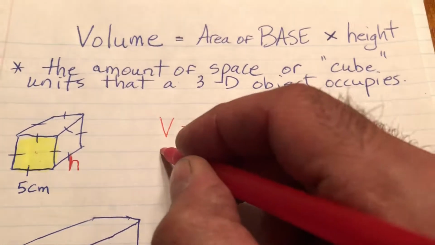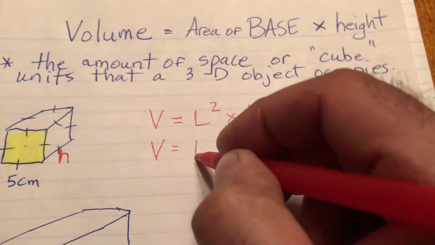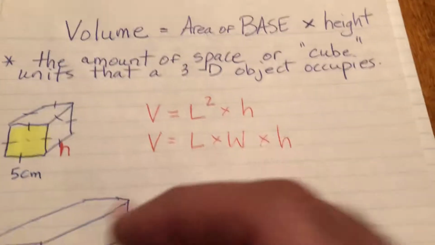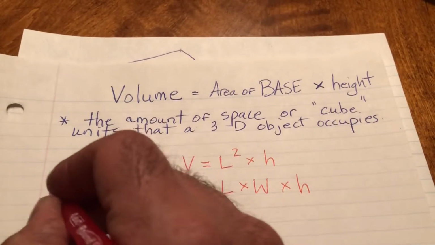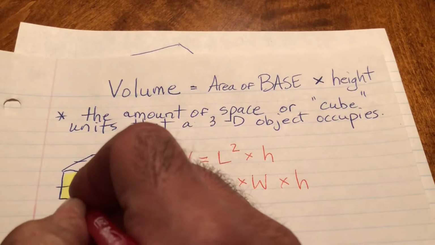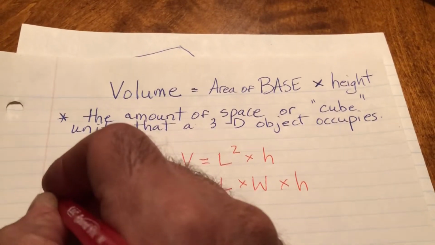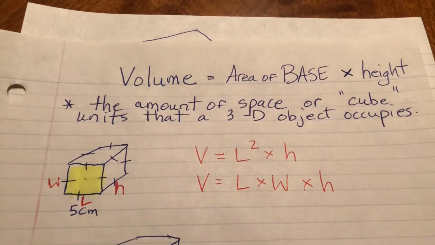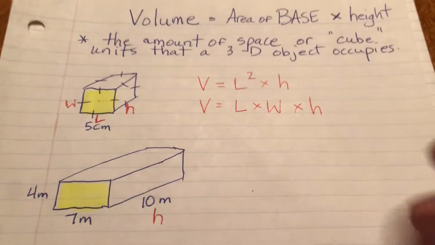This is a very, very common one. Volume is equal to length times width times height, because, of course, this is the length and this is the width of that square times the height. So LWH is a great formula for a cube.